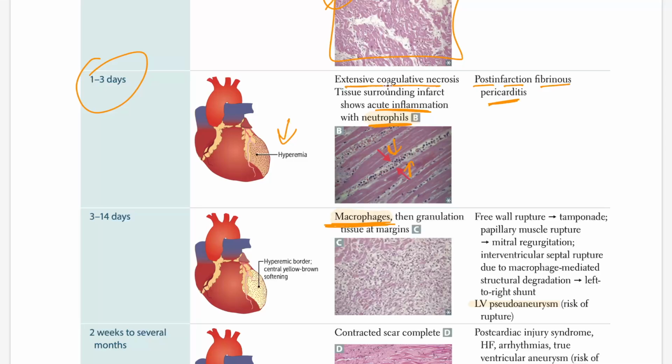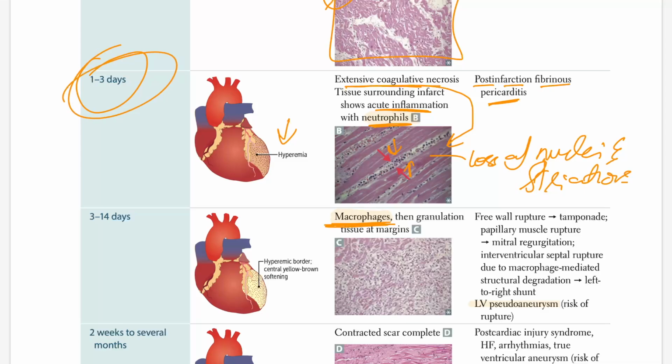One more thing here with the extensive coag. If you look closely, you will not see nuclei. So there is a loss of nuclei and striations in 1 to 3 days. And prominent neutrophil infiltration you will see here, right?